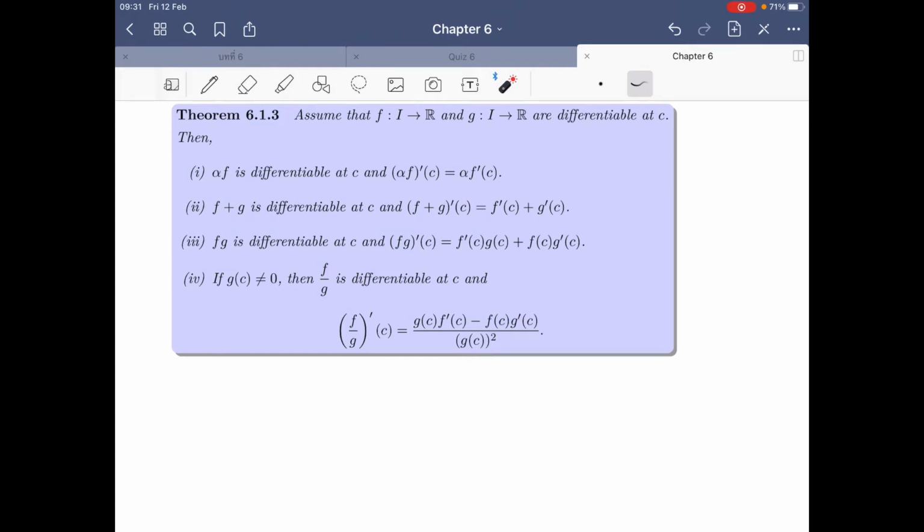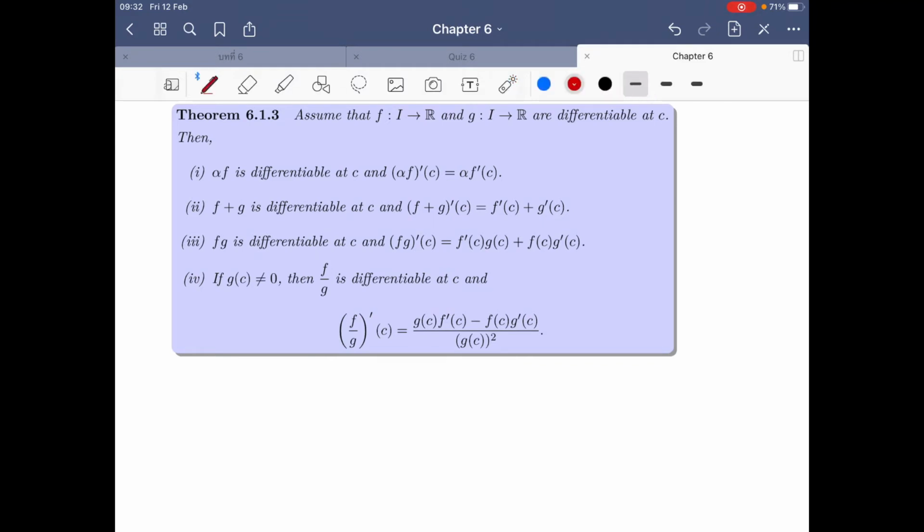And if your g at c is not 0, then you can simplify the derivative of f over g at this point, and this is called the quotient rule, which is the bottom times the derivative of the top minus the top times the derivative of the bottom, over your bottom squared. This one has a negative sign, so which one goes first is pretty important.